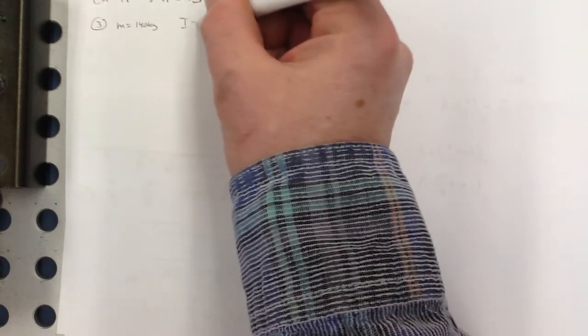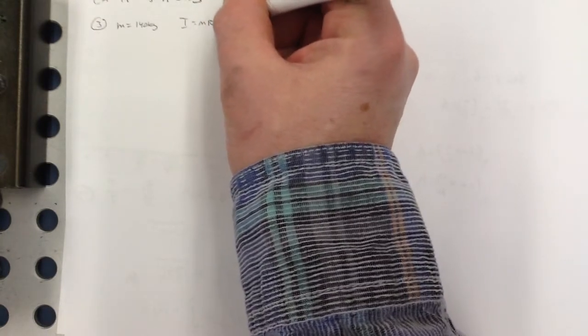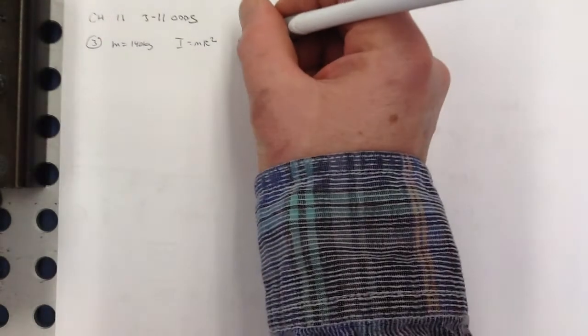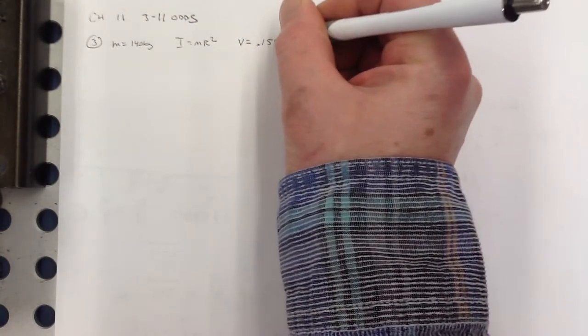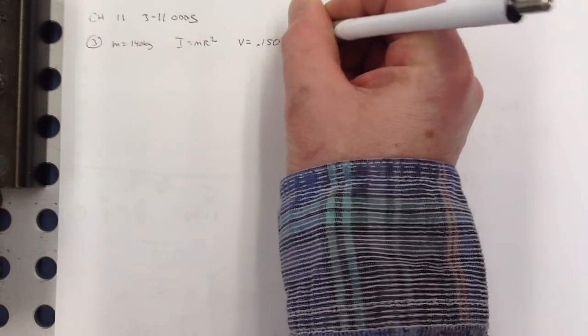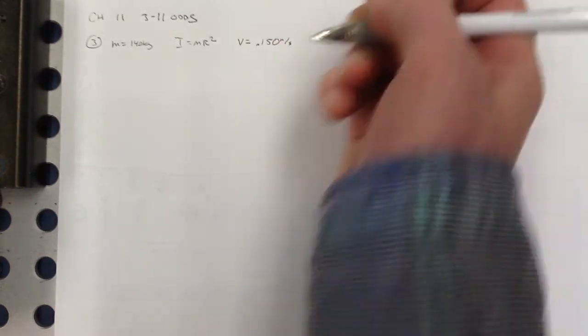If it's a hoop, then we're talking about kind of maxed out rotational inertia of mr squared. It rolls along a floor so that the hoop's center of mass has a speed of 0.150 meters per second. How much work must be done on the hoop to stop it?